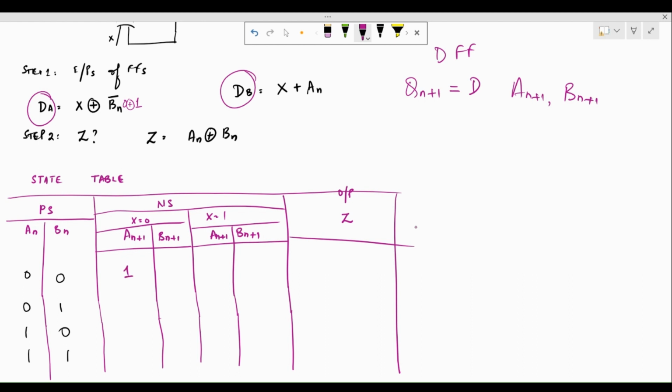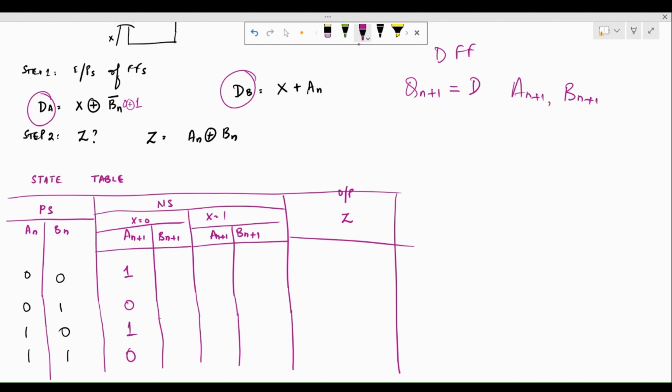Let's complete this entire column. 0 XORed with 0 is going to be 0. Again, 0 XORed with 0 is 0. And here we have 1 XORed with 0, so this is going to be 1.